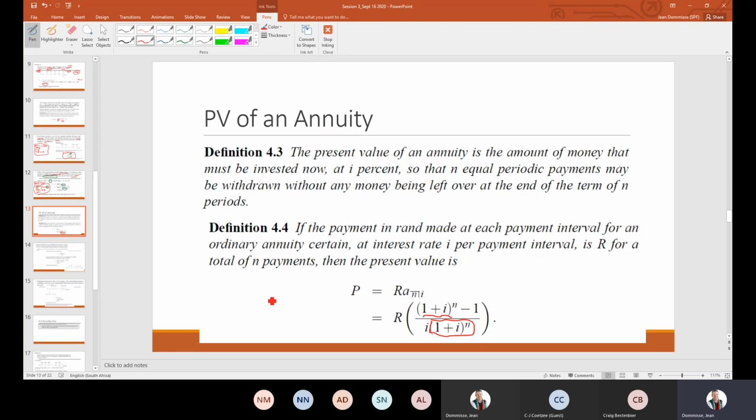So I just want to check if any of the previous papers have this one, where you needed to change from a present value to a future value, or the other way around.